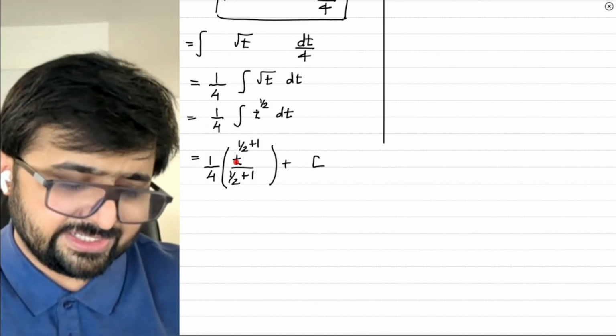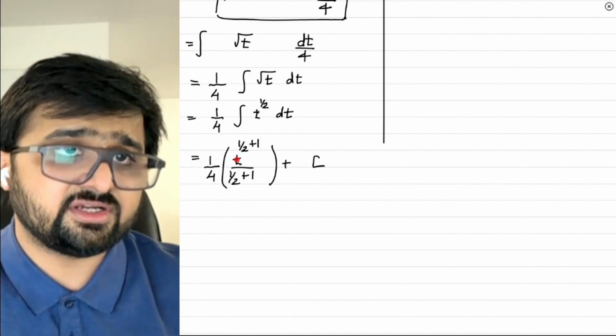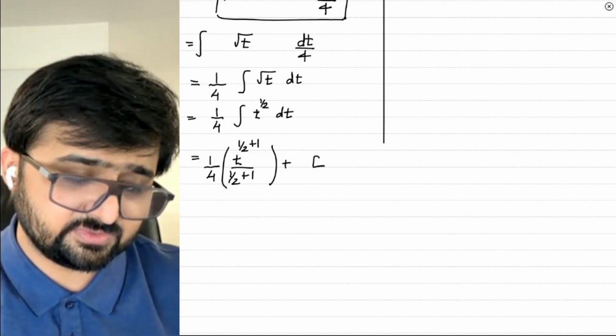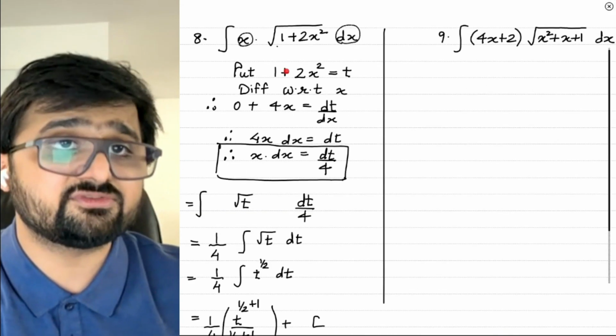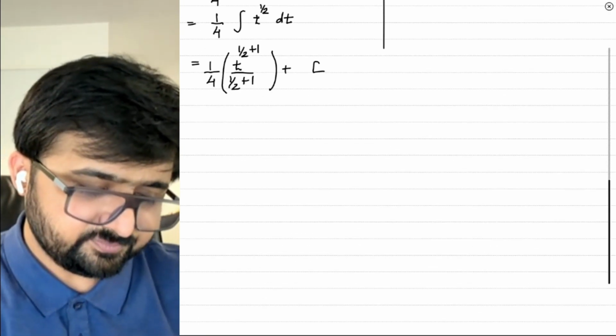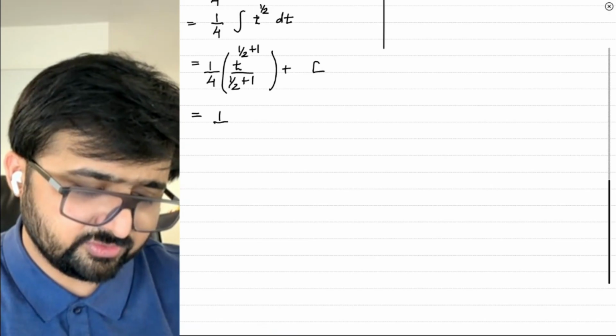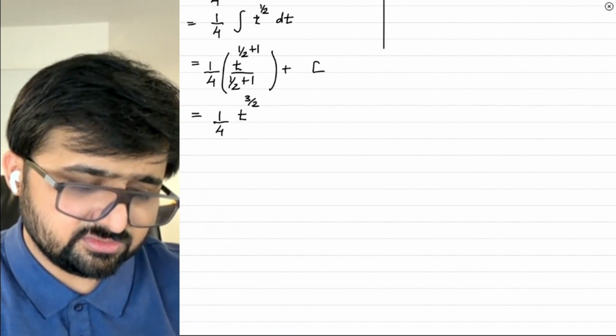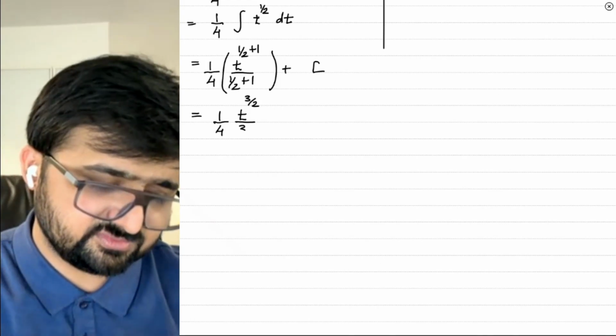Now the t can be replaced again. If you remember correctly, t was 1 plus 2x square. So we can do that replacement again. So we can say 1 by 4 t to the power 3 by 2 divided by, oops, sorry.